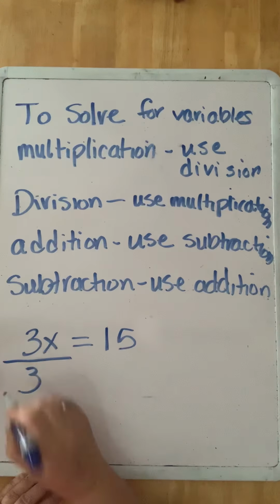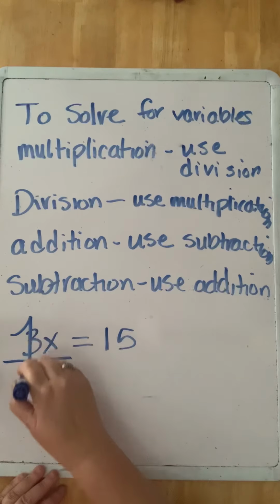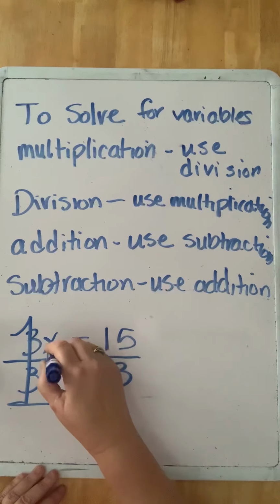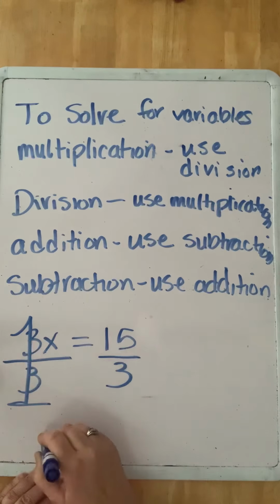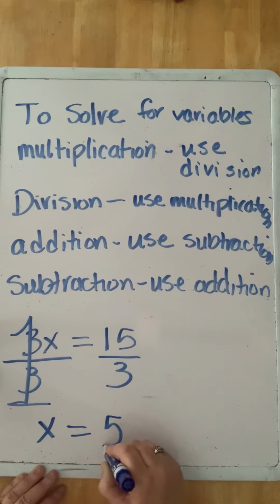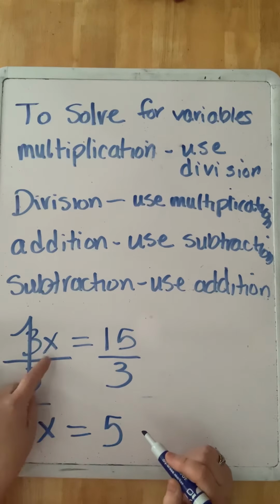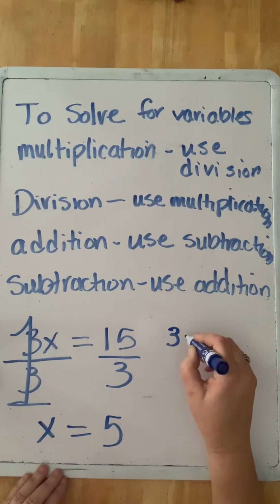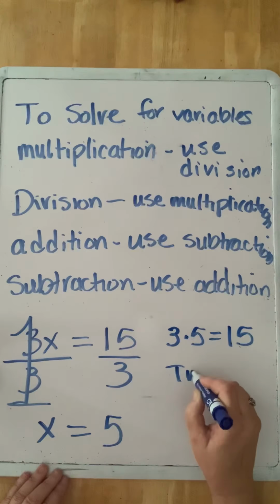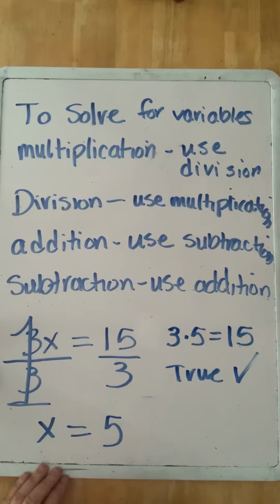Therefore, I divide by 3. Okay, this becomes a 1. I divide by 3 over here. X is now by itself because 1 times x equals anything. 15 divided by 3 is 5. If I substitute the 5 for the x, I get 3 times 5 equals 15. True statement.